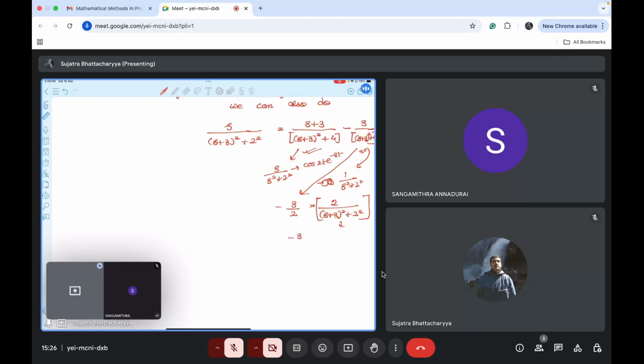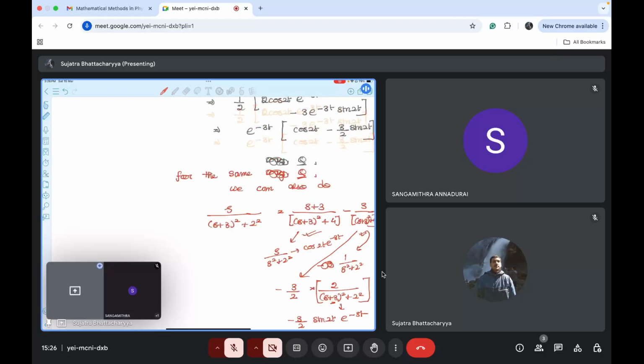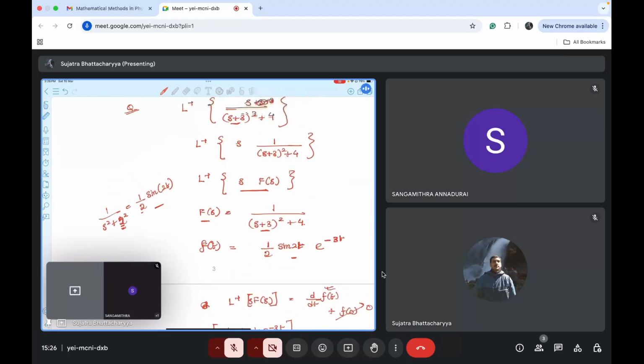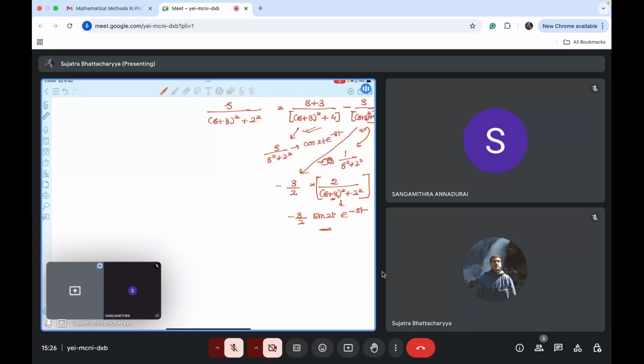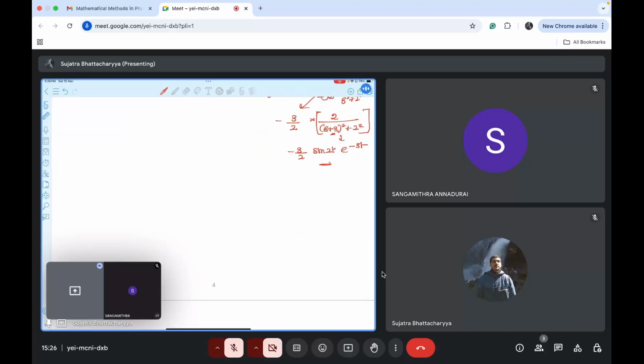So it will be minus 3 by 2 sine 2t, but it is shifted by e to the power minus 3t. So clearly, we are getting the same result. So in this way, you can proceed, or otherwise, you can try to use the s times F(s). Whatever way is fine. Okay. So this is how you can also approach the question.